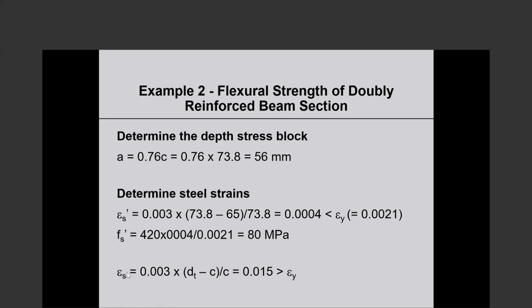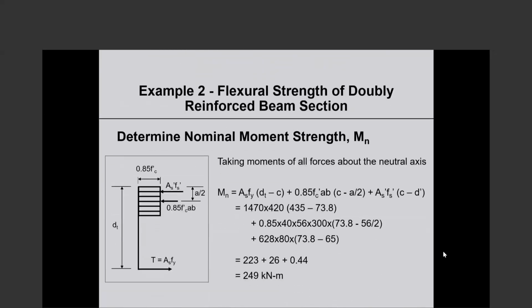The strain in the tension reinforcement by straight line strain distribution is 0.015, that is way over the yield strain. So the tension reinforcement is yielding as we postulated. Remember, our assumption was compression reinforcement is not yielding, tension reinforcement is yielding. Both assumptions turn out to be good.